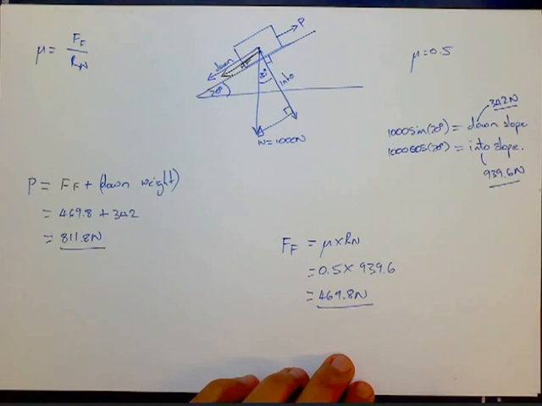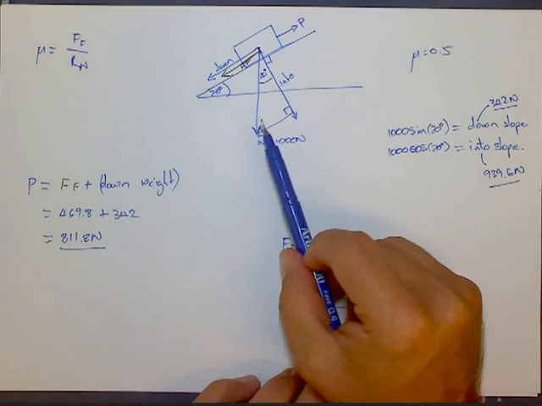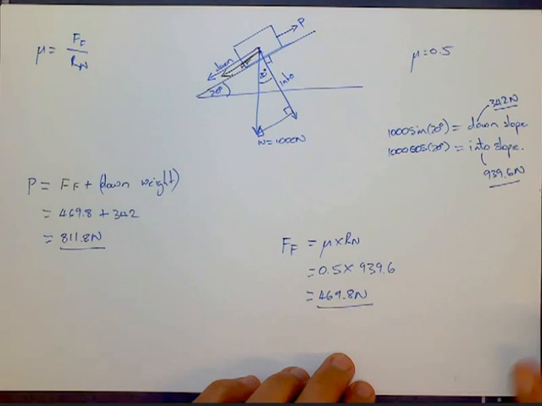So you can see how it's slightly more complex than just the basic flat system, because we need to remember that our normal reaction on an incline is not equal to the weight of the object. I hope you found this useful.